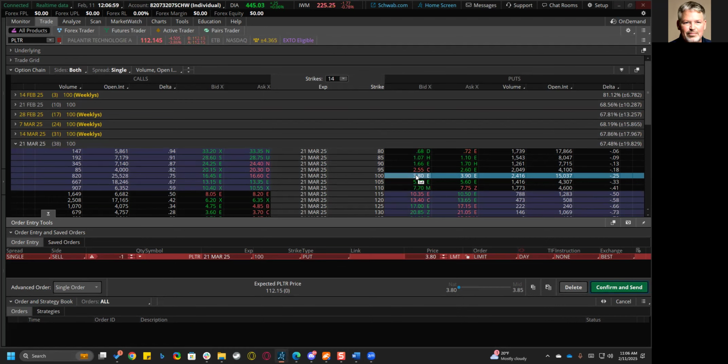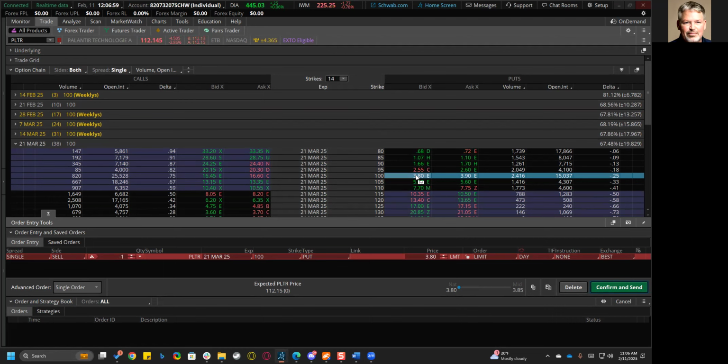We're talking about having an account large enough to cover the amount of shares that the contract is obligating us for. So in this case, selling a put at the 100 strike says that I have enough capital in my account to buy 100 shares at $100 each and pay the commissions, and if there are any assignment fees or anything like that, that I can cover those expenses too.